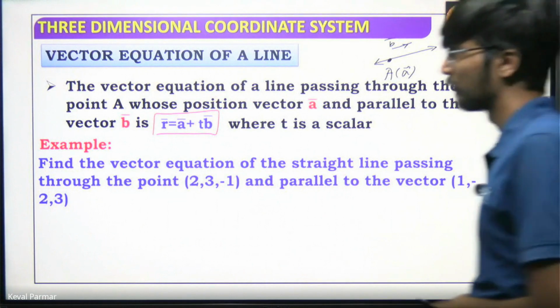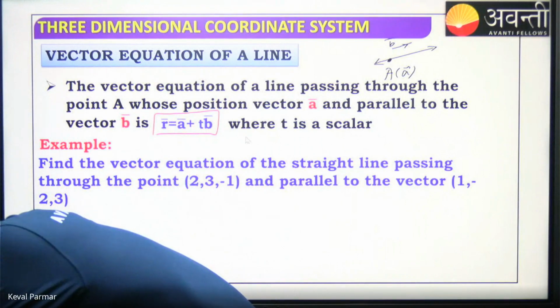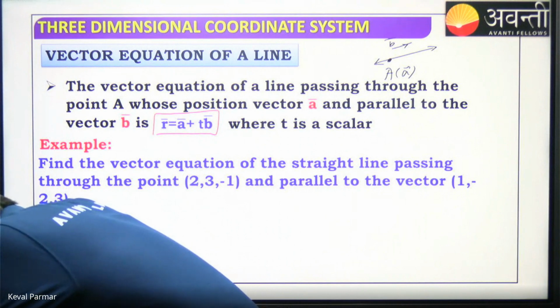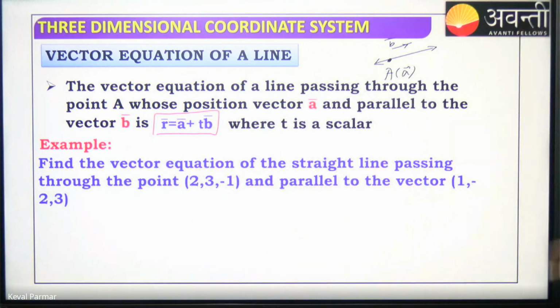The screen is blurred. Why is it blurred? Now is it clear? Still not clear?